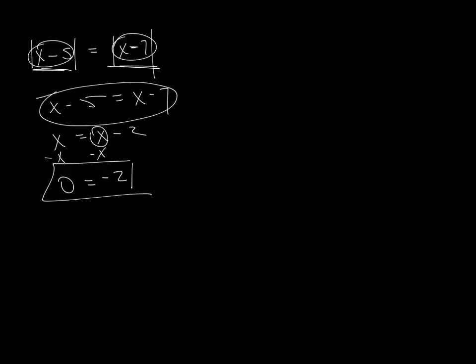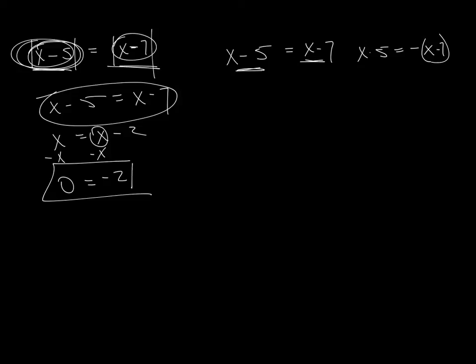But remember what we said. When we take the absolute value off, we get this number equals to this one, or we get its opposite. Okay, so we either get this equals this positive or this equals this negative when we take the absolute value signs off. We showed that this one does not exist. Well, let's look at that one.